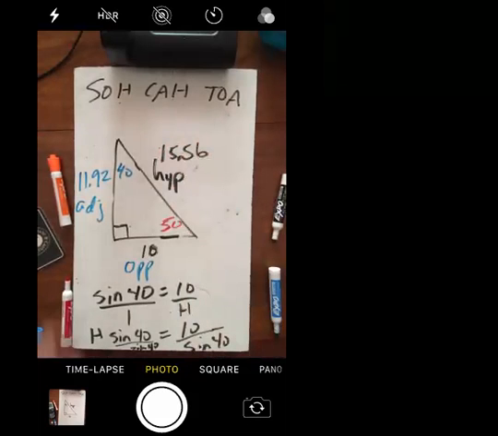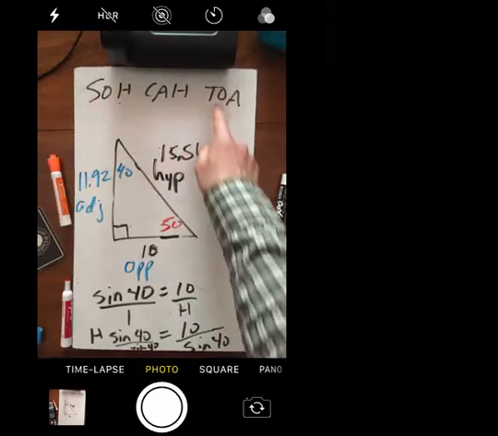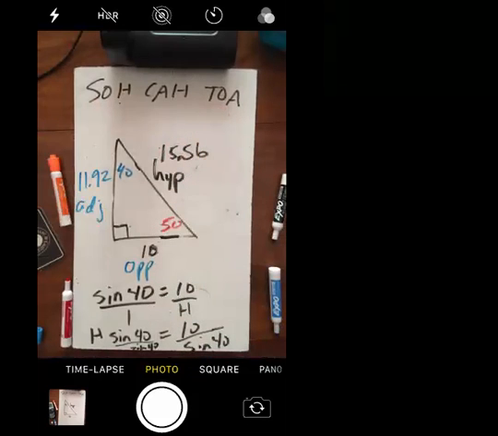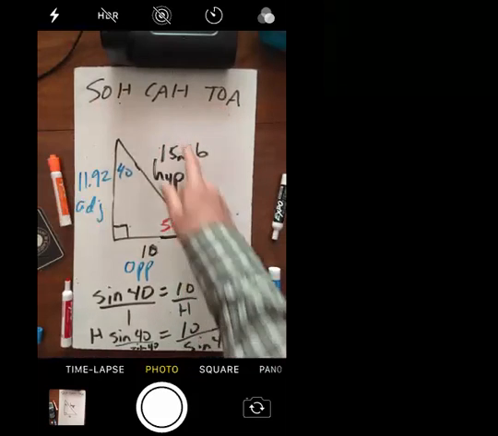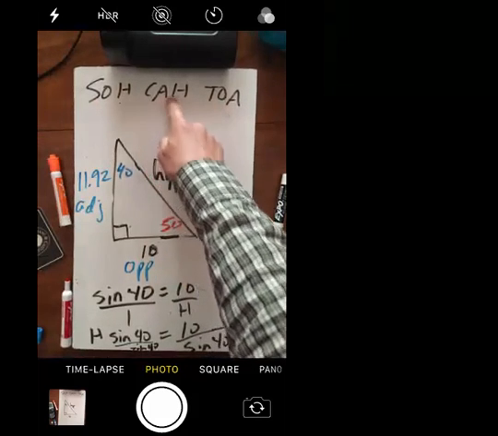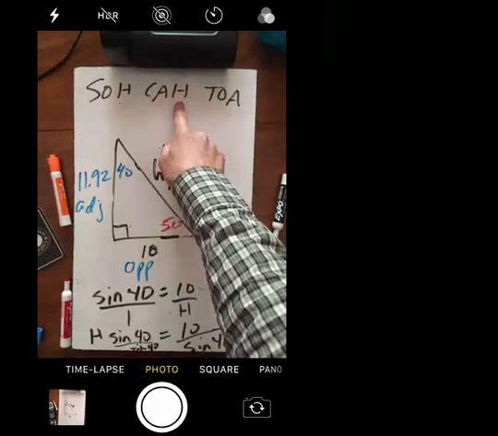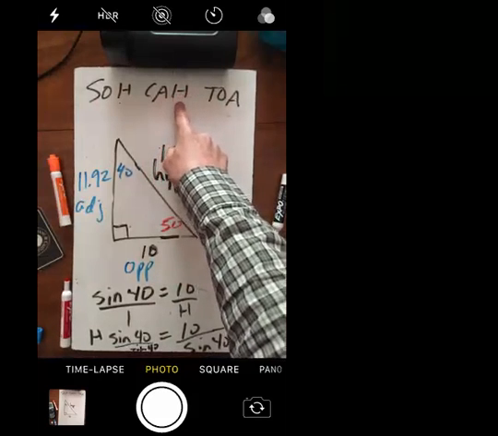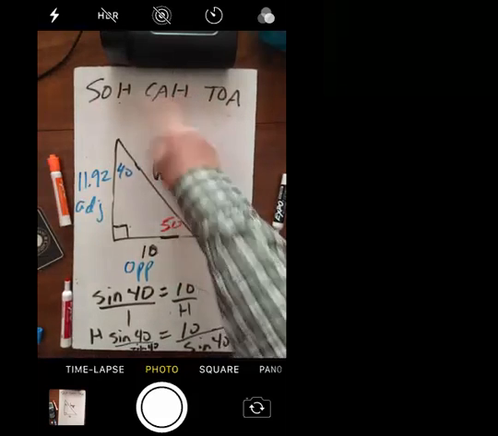So we've used the sine and we've used the tangent. Now I'm going to do a different example where we show how to use the cosine. And we're going to have an example where we already know the hypotenuse. So we can show you how that will look in the setup.